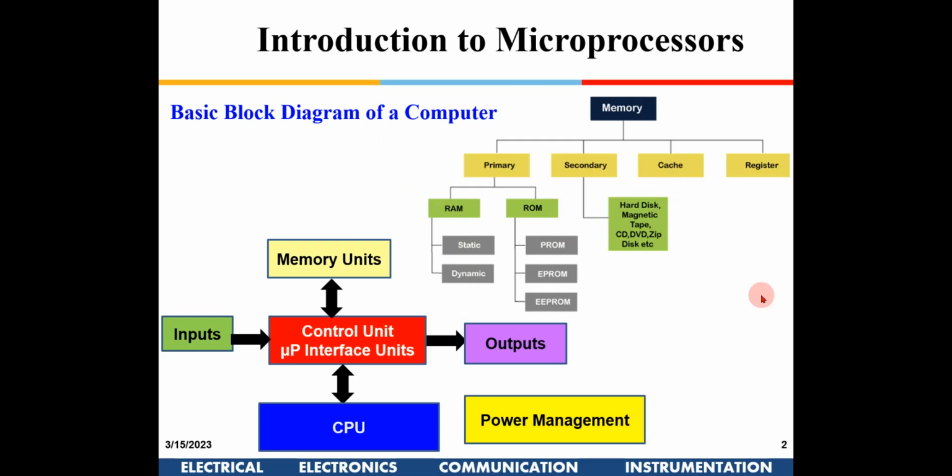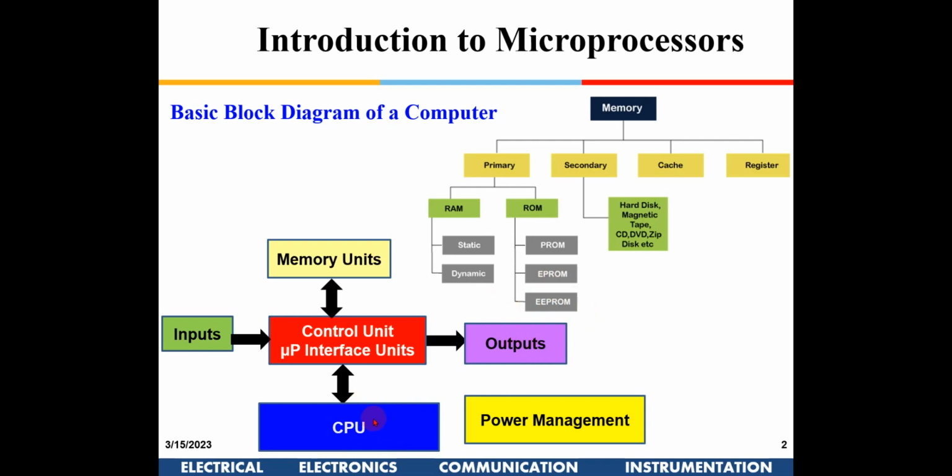So this is the basic block diagram of a computer with some input about the memory. What happens? As soon as I give a power supply, the CPU is supposed to take the program stored in the EEPROM and run a built-in test. Later, from the EEPROM itself, I have a BIOS setting which will tell me where to load the operating system.